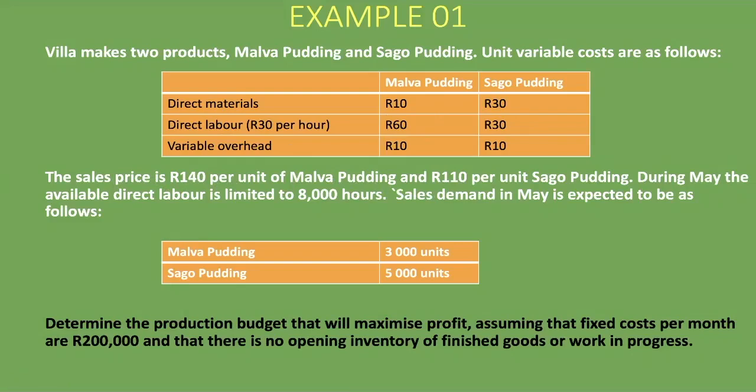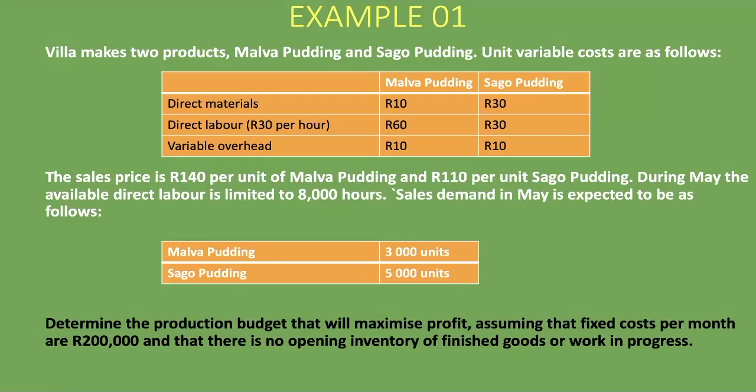During May, the available direct labor is limited to 8,000 hours. Sales demand in May is expected to be as follows. And you can see what I meant when I said that the sales demand is usually a limiting factor. We are limited to selling 3,000 units of Malva pudding and 5,000 units of Sago pudding. So that is the limiting factor with regards to sales demand.